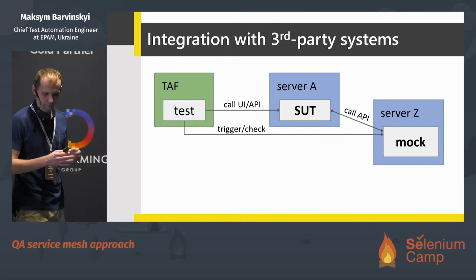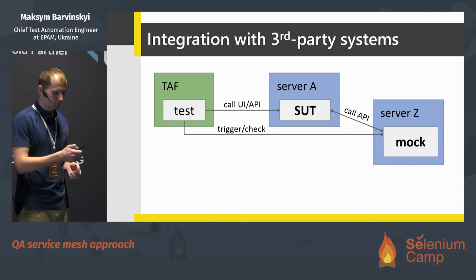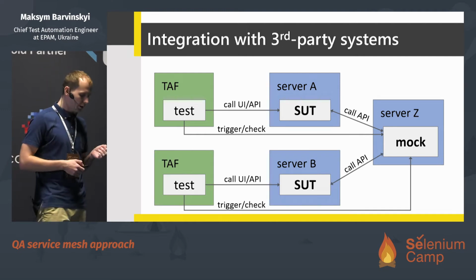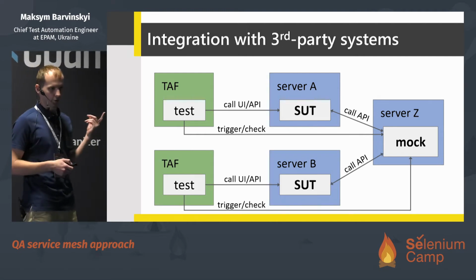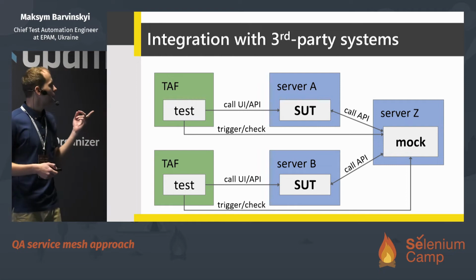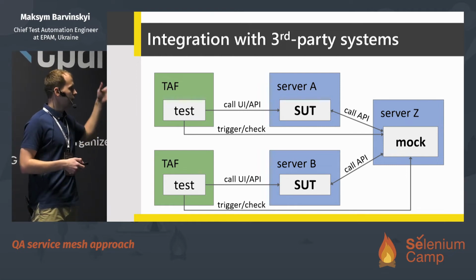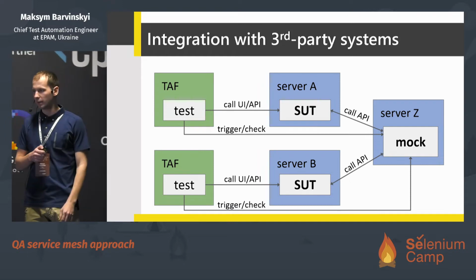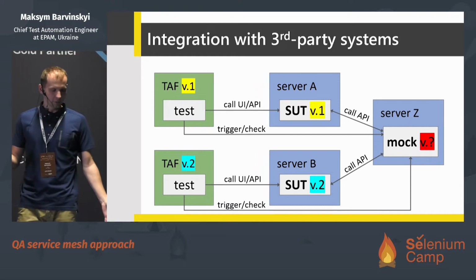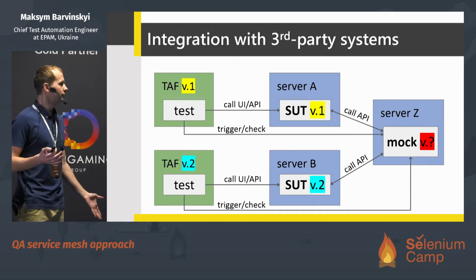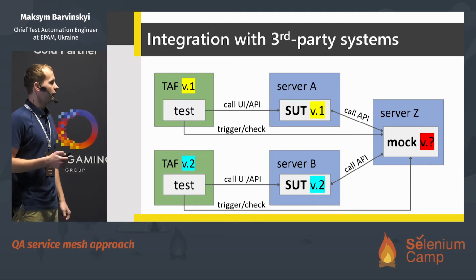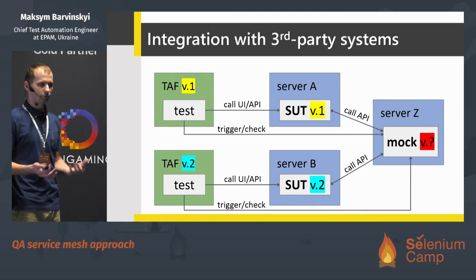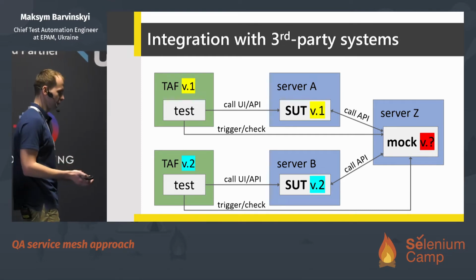So we created this kind of mock. But we are lazy, and we deployed it only on one server, server Z here, and worked with it from multiple instances at the same time. But what happens when we need to test different versions, right?